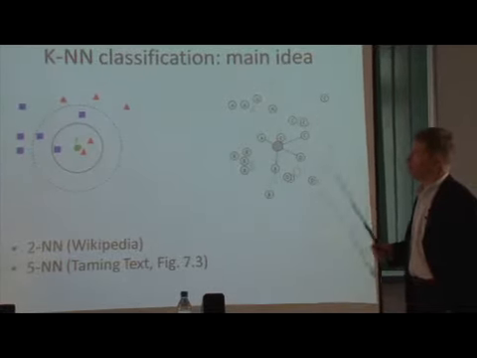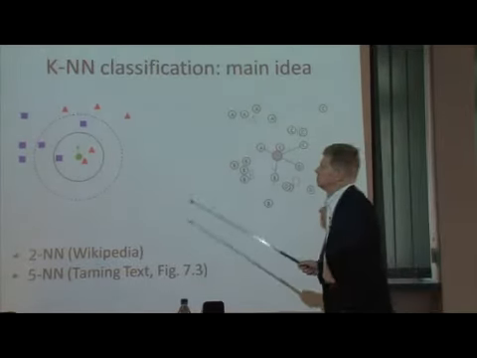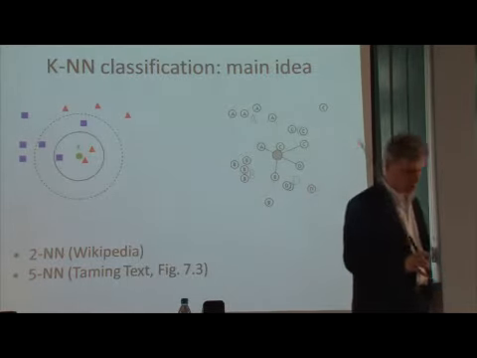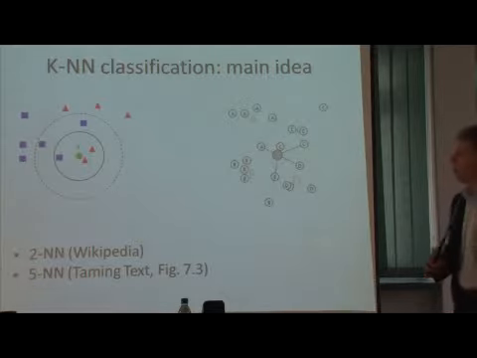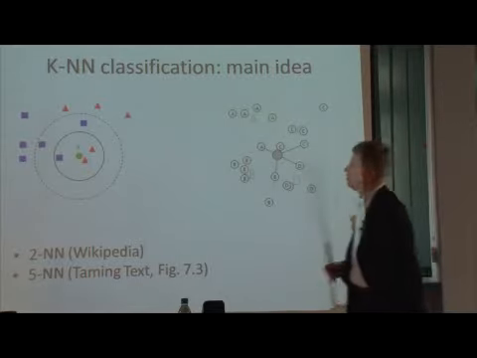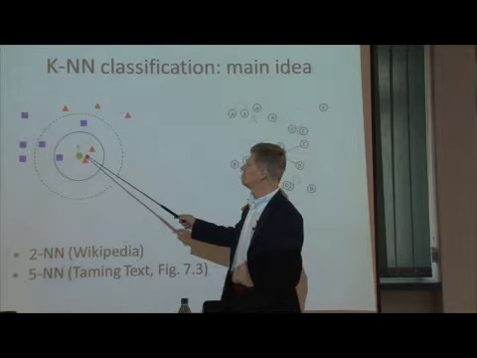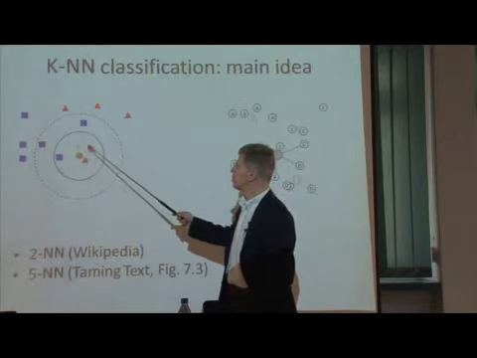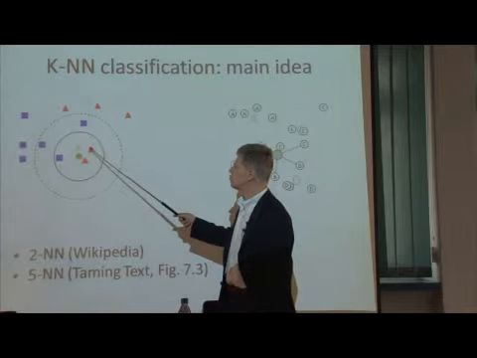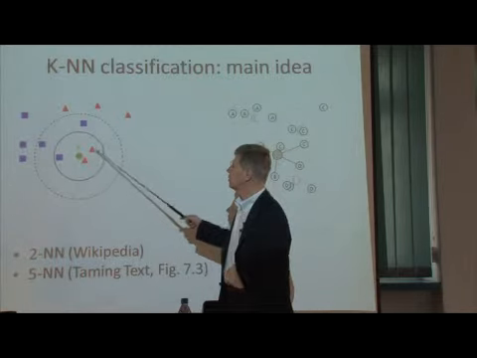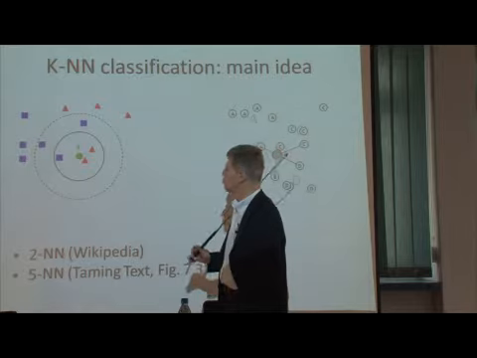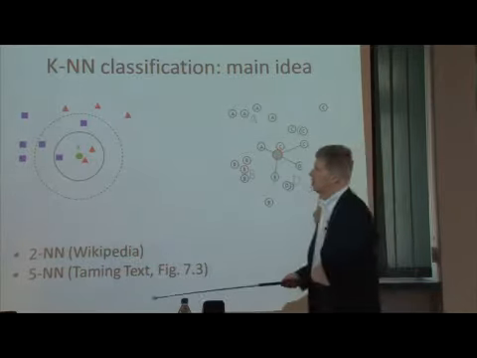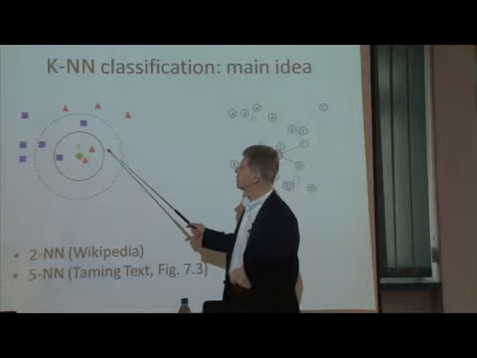So the idea is that instead of doing something like Bayesian or rule-based classification, we see how close this new document is to the documents that we already labeled, and just choose the label of the two closest ones. So this is 2 nearest neighbor classification. It could be a 3 nearest neighbor classification.